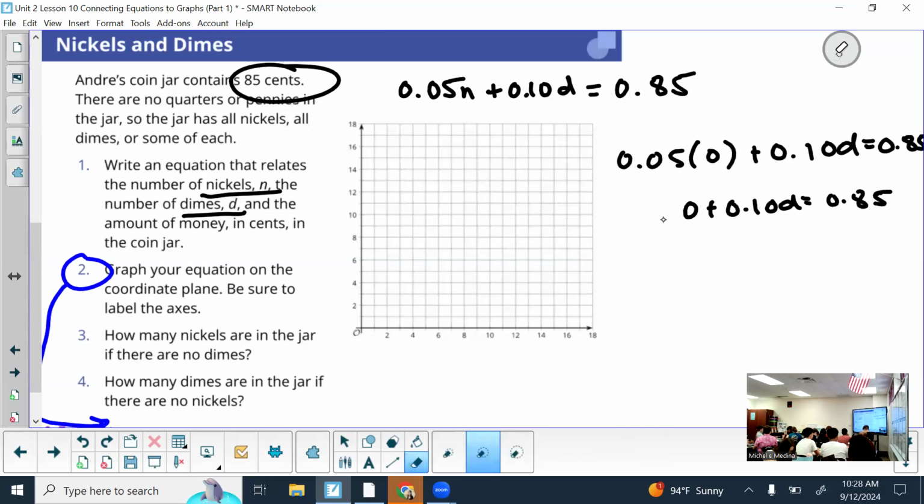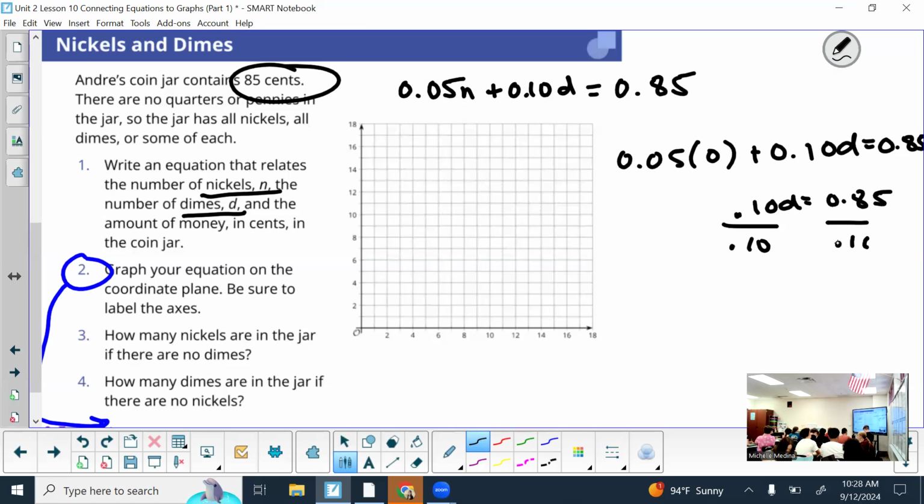What is opposite of multiplying by 0.10? And whatever you do on one side. So if I have no nickels, then I would need to have 8.5 dimes. If I want to figure out how many nickels I would have, what needs to be 0?